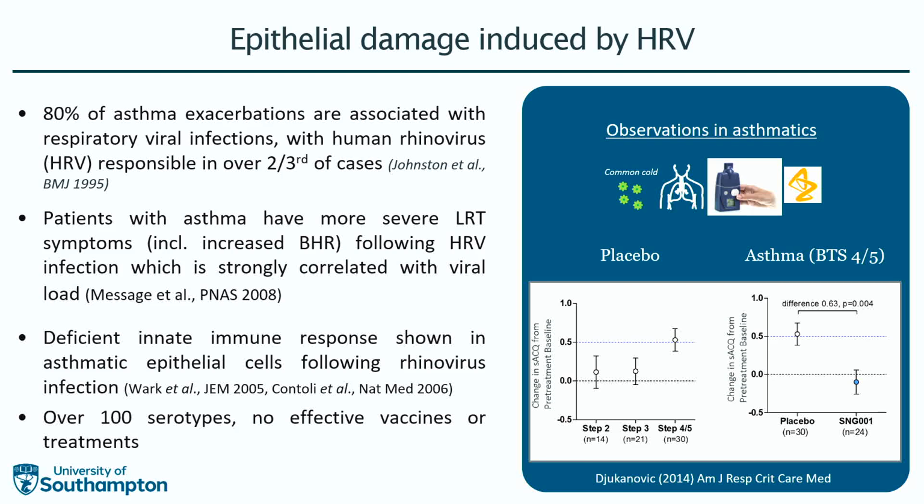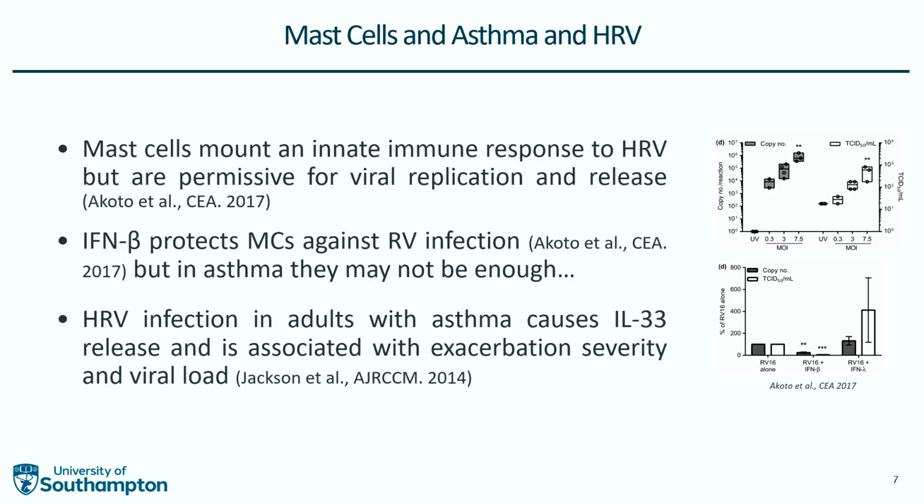So in respiratory viral infections, targeting interferon beta is a good therapy. But I just wanted to switch to mast cells for a moment, because we know in asthma, especially in severe disease, that mast cells associate with the bronchial epithelium. We showed back in 2017 that mast cells are susceptible to rhinovirus infection.